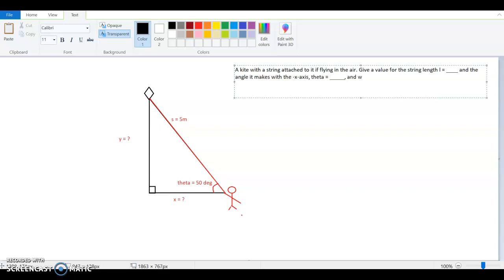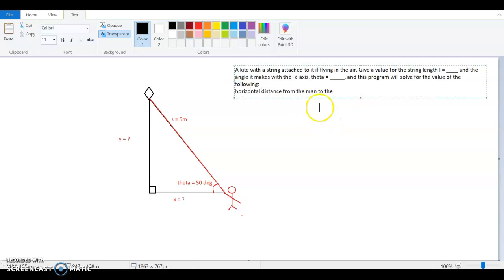And this program will solve for the value of the following. Okay, let's say you want to give the distance from the man to the horizontal. It's horizontal distance.